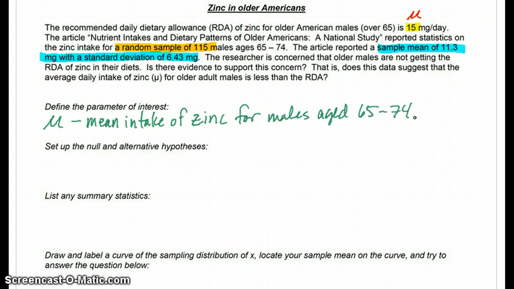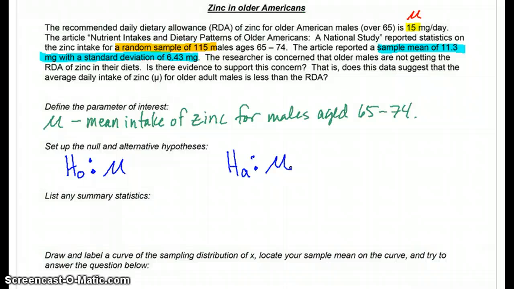Now we're also interested in establishing our null and alternative hypotheses. So we're going to write H sub O and H sub A. We know we're talking about mu. And now we're going to look for what it says in the problem. In the problem, it says older males are not getting the RDA of zinc in their diets.